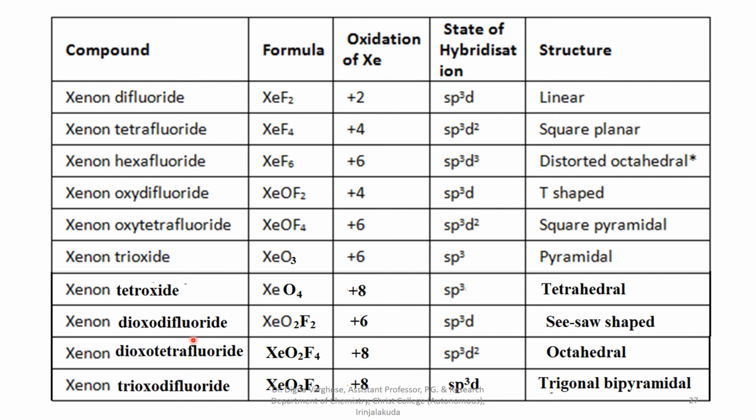Xenon dioxo difluoride XeO2F2, +6 is the oxidation state, sp3d is the hybridization having seesaw shaped structure. Xenon dioxo tetrafluoride XeO2F4, +8 is the oxidation state, sp3d2 is the hybridization and octahedral is its geometry.